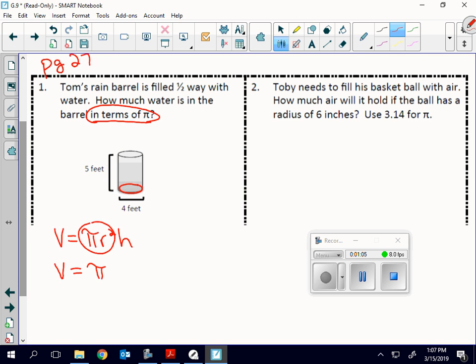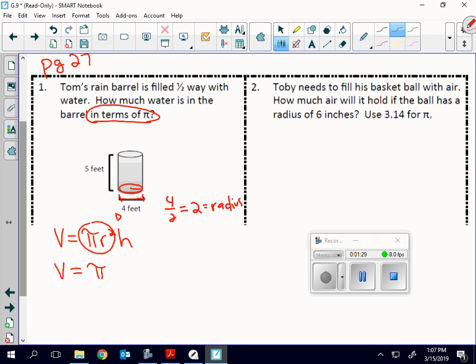We're not going to put in 3.14. R we know, well, do we know it, actually? The whole length is 4, so we want just half of the circle. 4 divided by 2 is 2, and that's the radius.